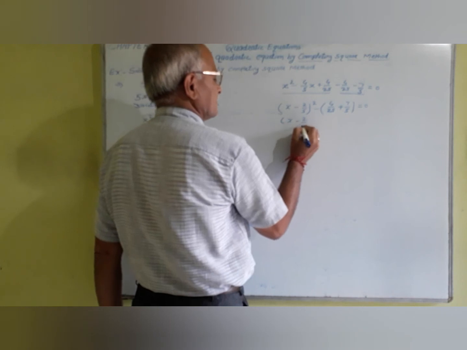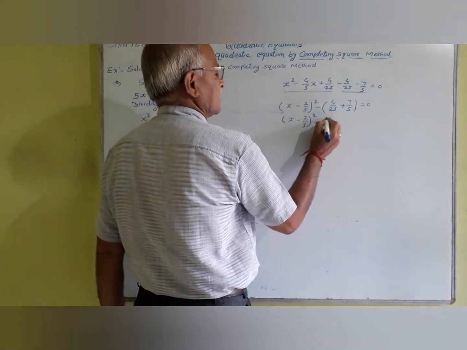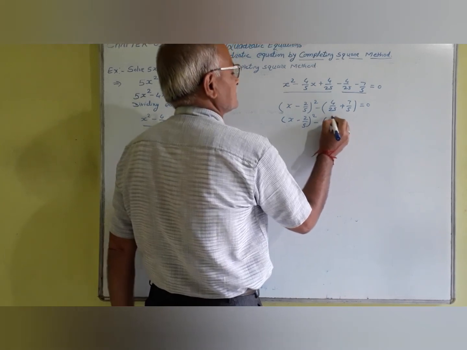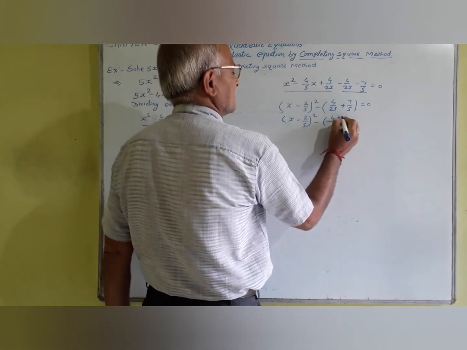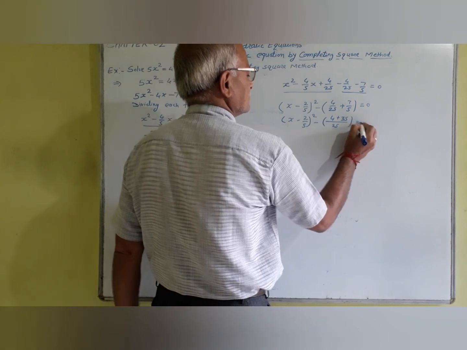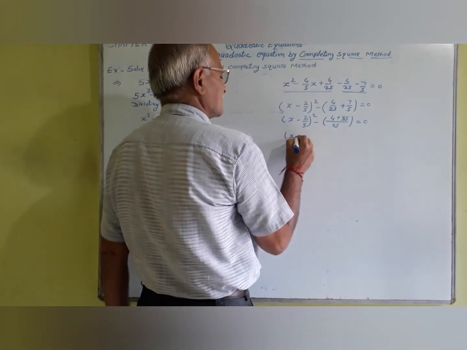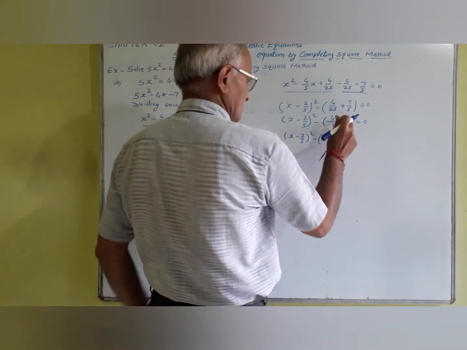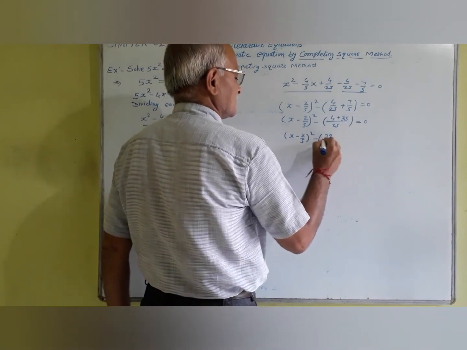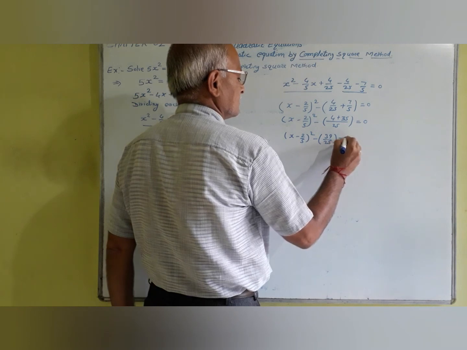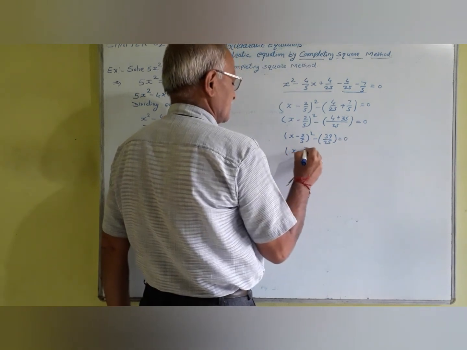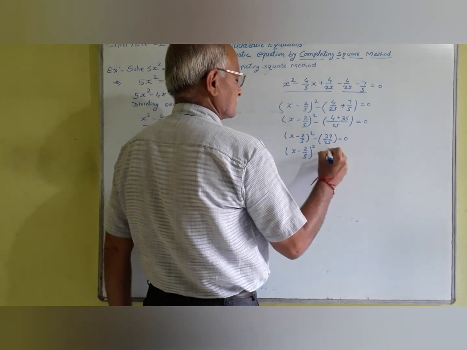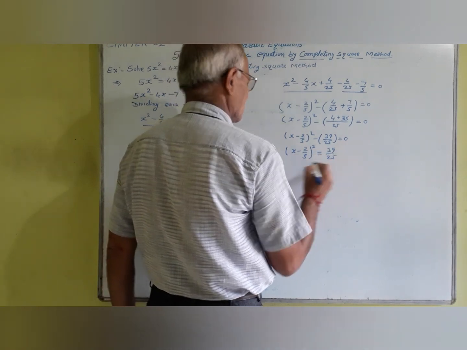(x minus 2/5) whole square minus, here make the denominator equal to 25: 4 plus 7 times 5 is 35, is equal to 0. That is (x minus 2/5) whole square minus (35 plus 4) 39/25 is equal to 0. (x minus 2/5) whole square is equal to 39/25.